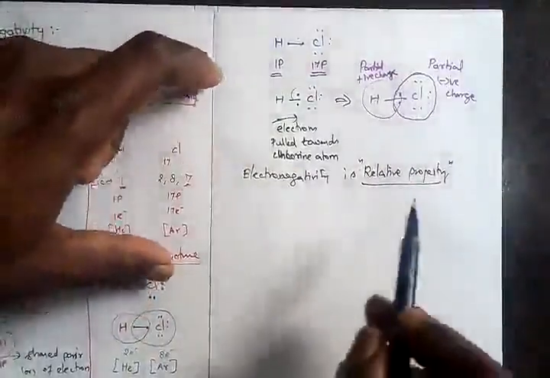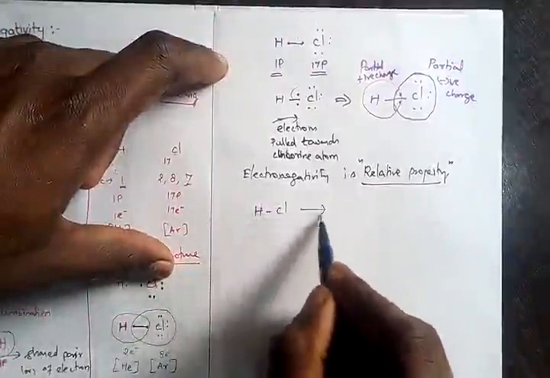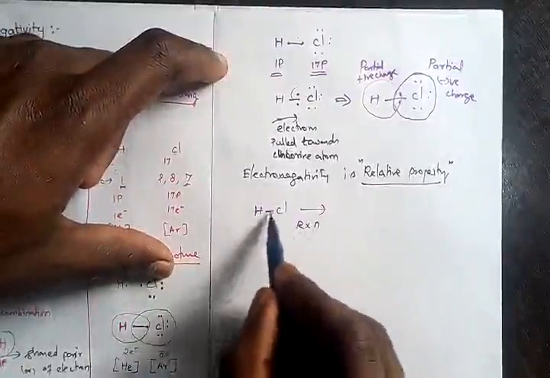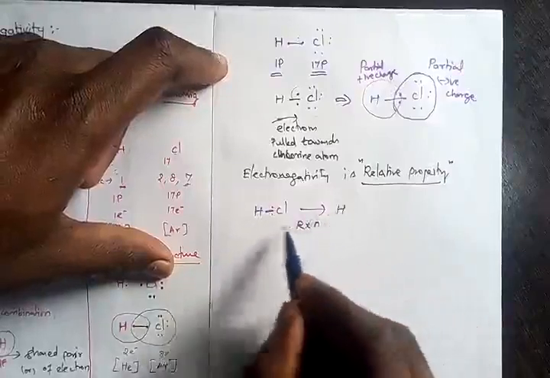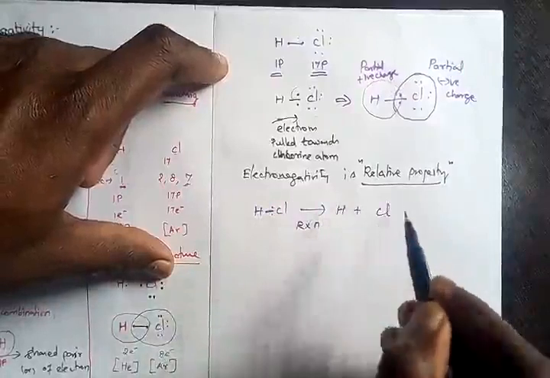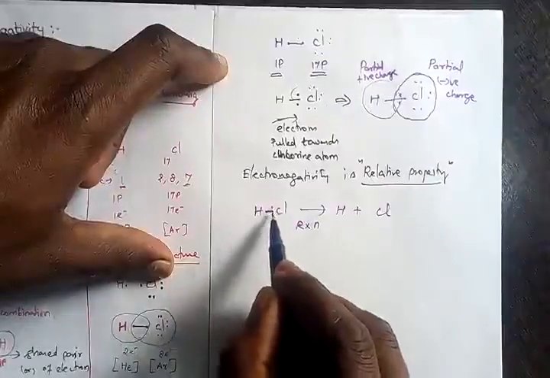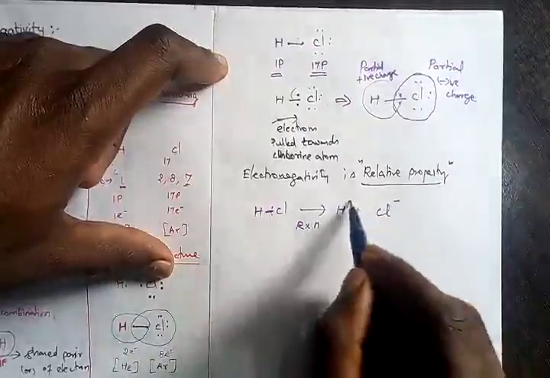So, when the hydrogen chloride reacts in any reaction, what happens? The bonded pair of electrons is mostly taken by chlorine. So along with the hydrogen's electron, chlorine goes as Cl minus, and hydrogen loses that electron.